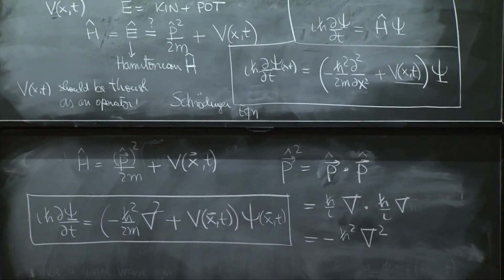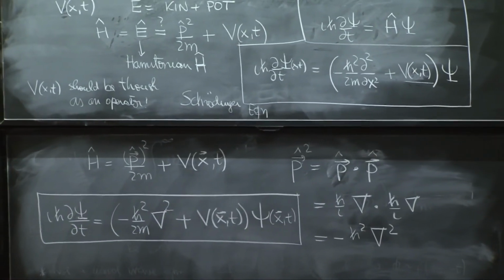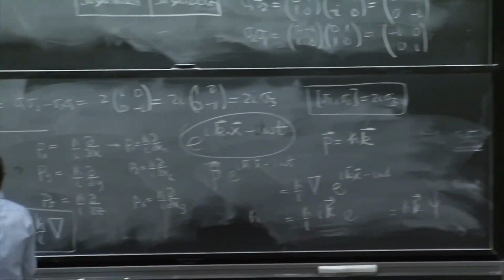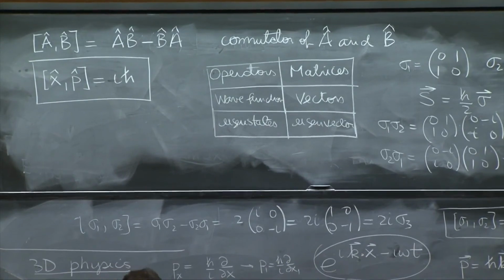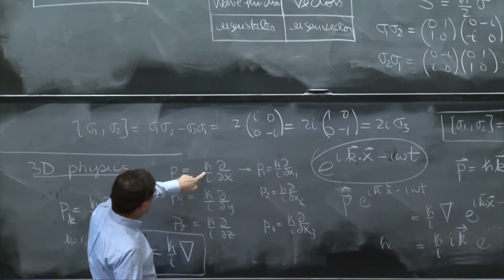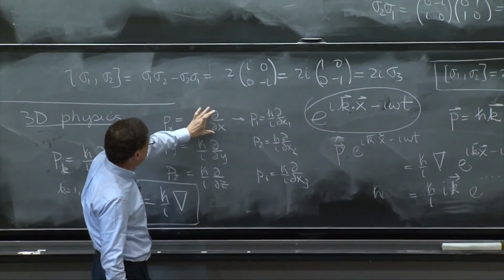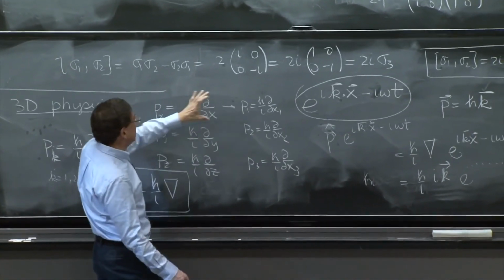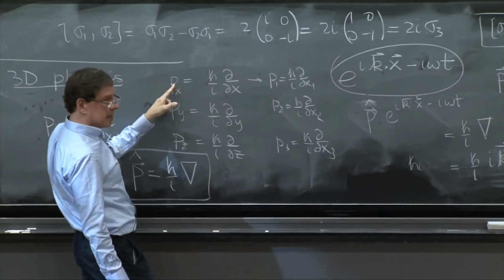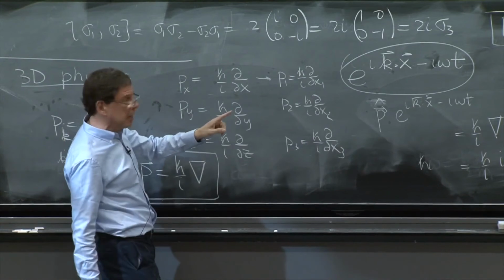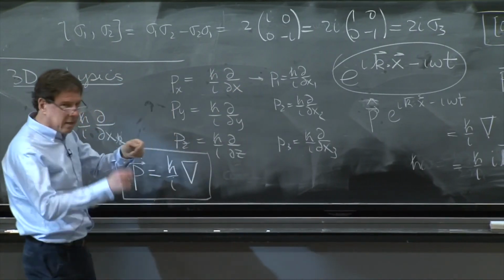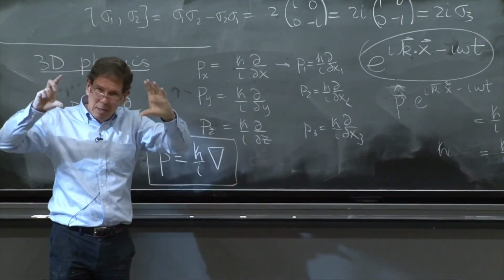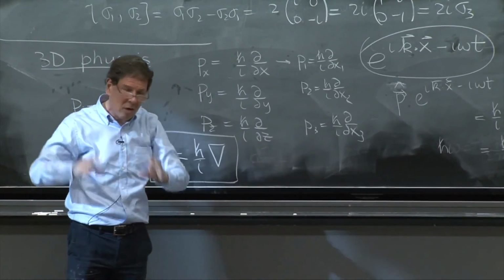Now, the commutation relations that we had before, we had x with p equal to i h bar. Now, p_x and x fail to commute because d/dx and x interact. But p_x will commute with y. y doesn't care about the x derivative. So the p's fail to commute, giving you a number, with the corresponding coordinates.